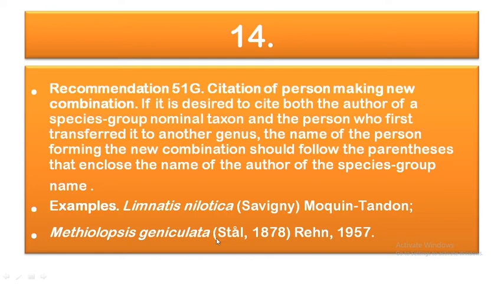In parenthesis you will have the name of the original author Stahl 1878, and the name given by this author is Meteolopsis geniculata. Who? Rain has given this name Meteolopsis geniculata in 1957. So Rain 1957's nomenclature is this Meteolopsis geniculata, and the original author's name is put into parenthesis.